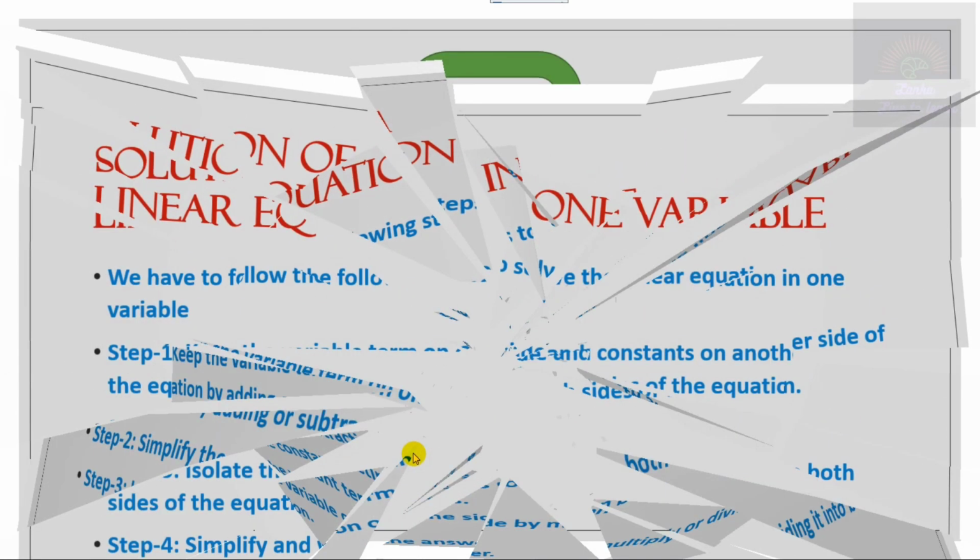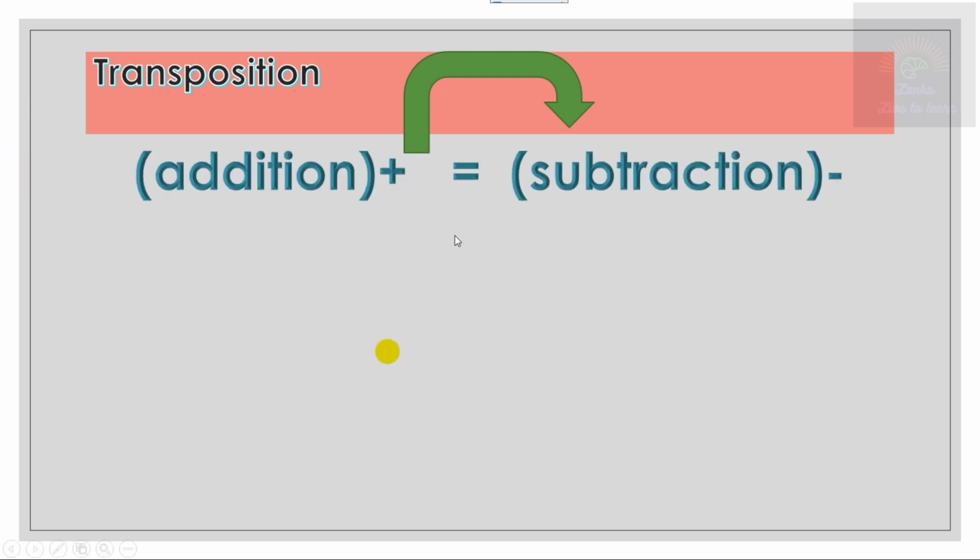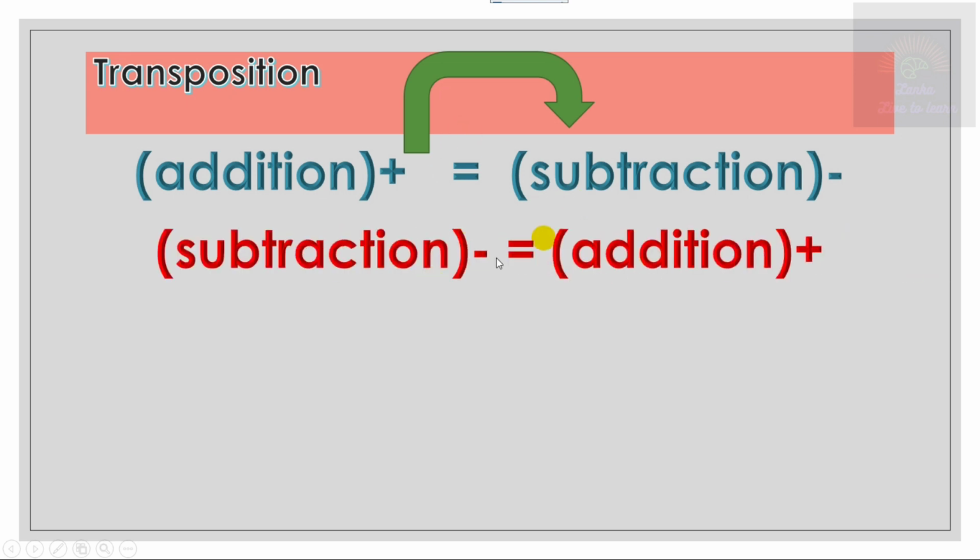So next, see this transposition. This is very important. Transposition means, when we take any value from the left side to the right side, it is transposed. Plus becomes minus. That is, if it is plus 2, addition, it will become subtraction there, minus 2. Similarly, if you subtract here and transpose it, it will become addition, plus.